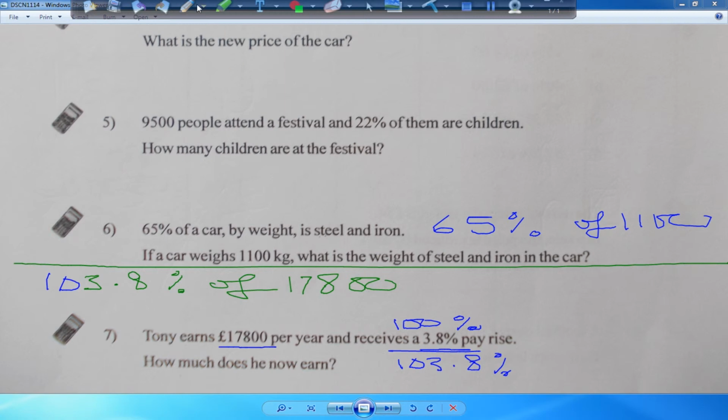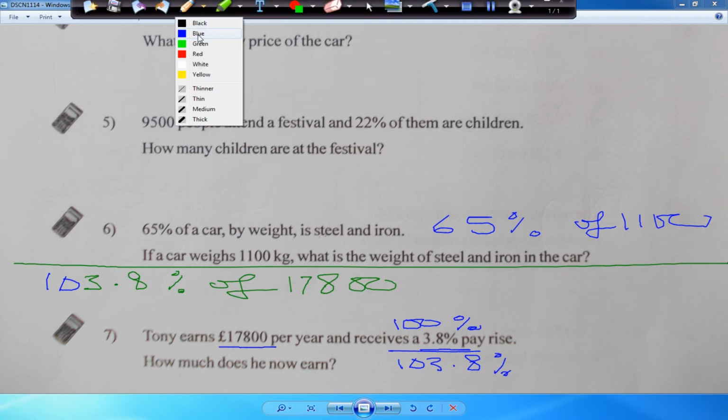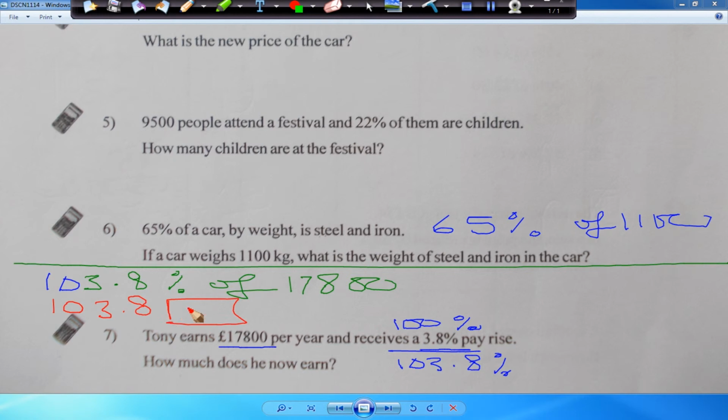So if you do it in the calculator, what will it look like? 103.8. Press the shift button, and then on the Casio FX series, press the bracket button, and then that shift percent. Times by 17,800.